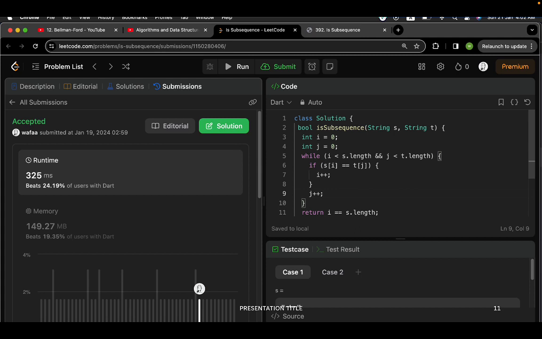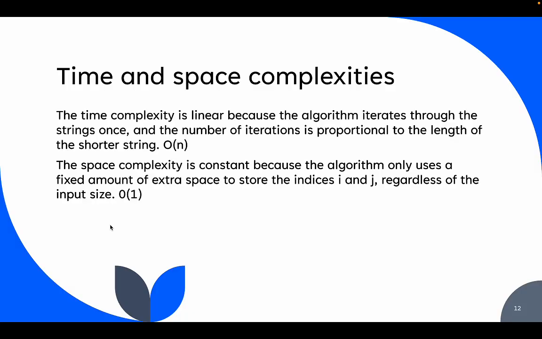Now here is the result of my submission on the LeetCode platform. It runs in 300 milliseconds and uses 149 megabytes of memory. Now let's talk about time and space complexities.